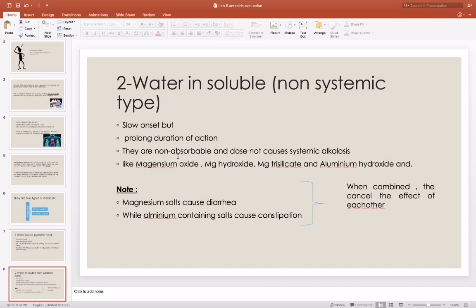And we have different types according to this group, such as magnesium oxide, magnesium hydroxide, magnesium trisilicates, and aluminium salts.